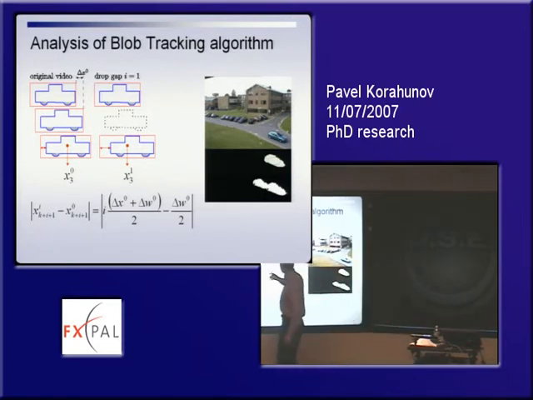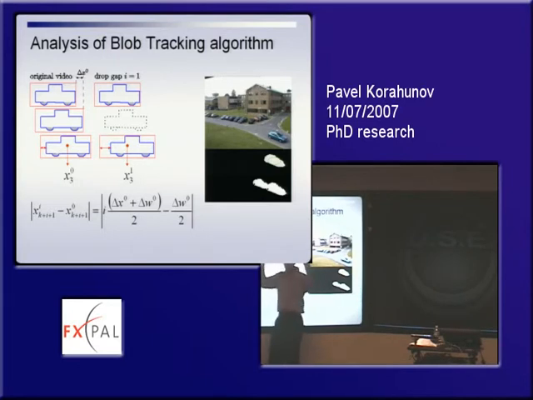To find out the error, we model the car moving with this simple picture. In the original video, the detected blob is a union of the car in the current frame and the car in the previous frame.